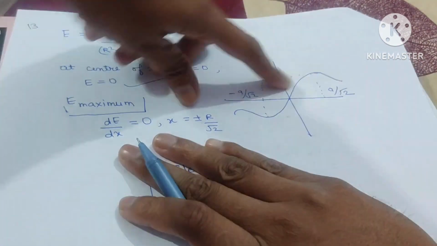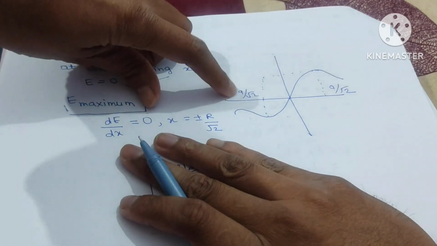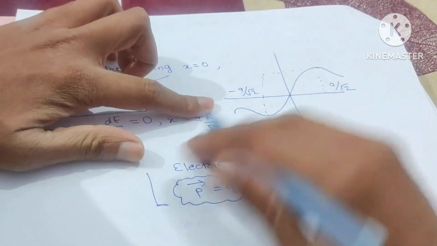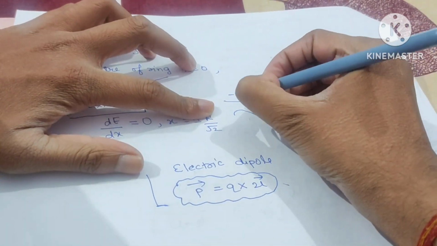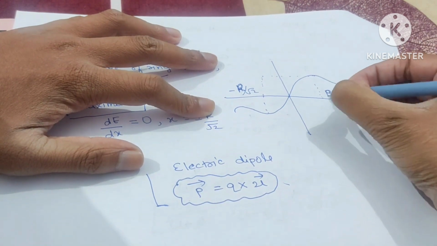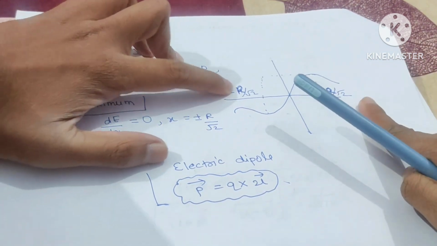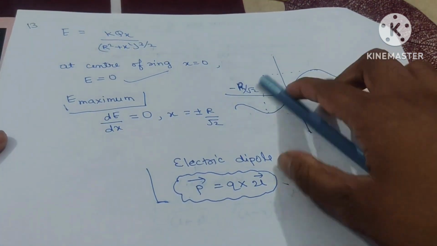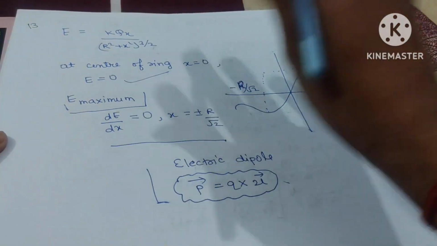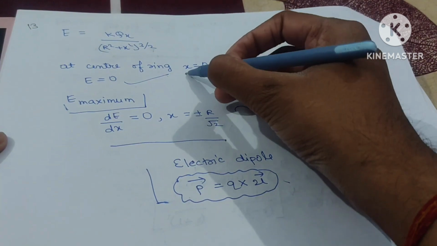This is the graph: minus a by root 2 and a by root 2. Here a is nothing but r, so you can replace it with r by root 2 and minus r by root 2. So that's it. This is the maxima condition, and this is the center of a ring condition.